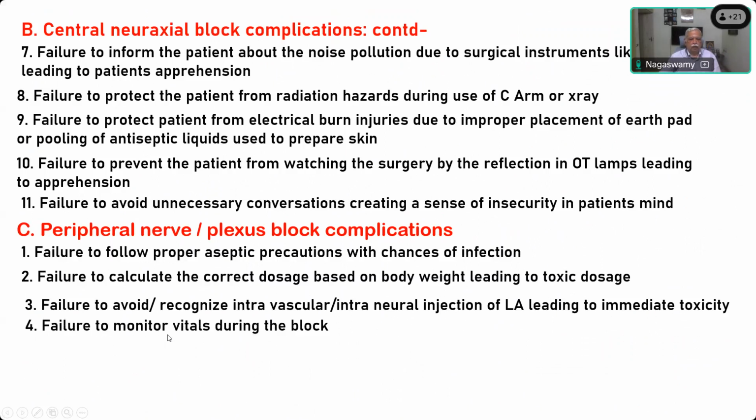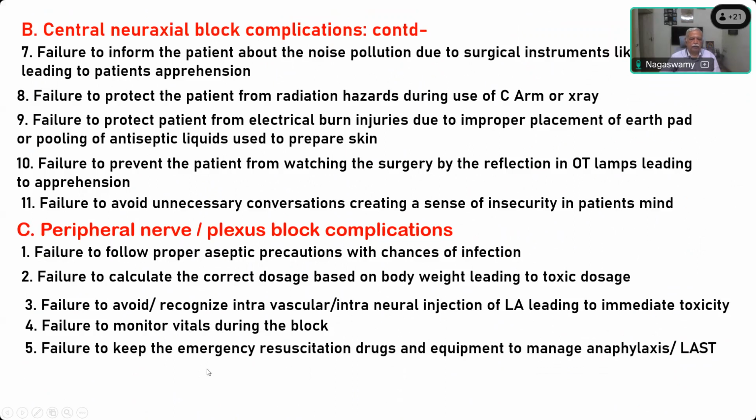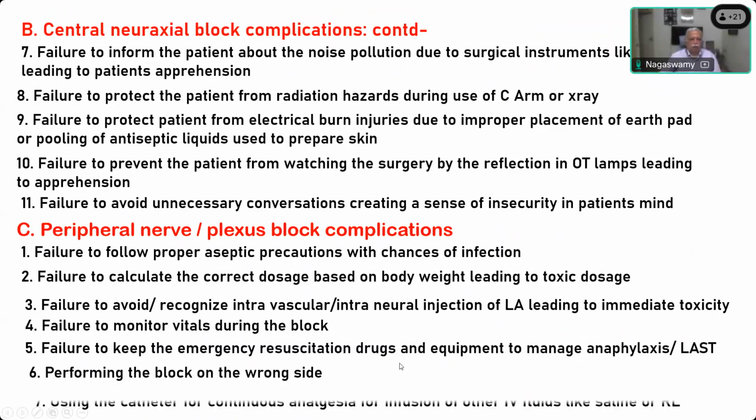Failure to monitor vitals when you are performing the block. So always put on the pulse oximeter at least during the performance of the block, so that you can immediately notice any change that is happening. And failure to keep the emergency drugs and equipment ready for anaphylaxis as well as local anesthetic toxicity. Performing the block on the wrong side.